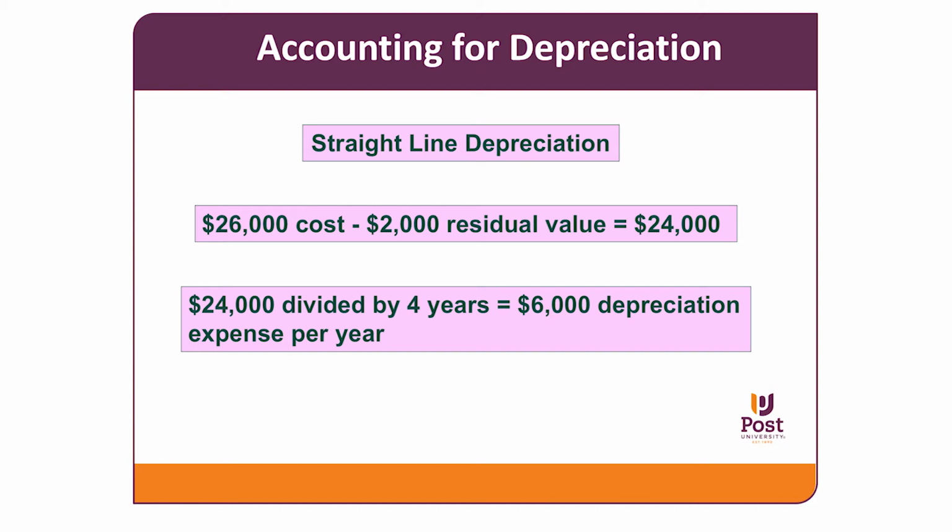Using straight line depreciation, we spread this amount over the 4 years we expect the truck will last. In so doing, we meet the matching principle of accounting, wherein we get the expense in the same year as the revenue that the asset generated.